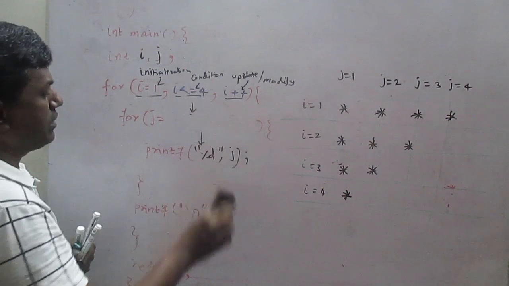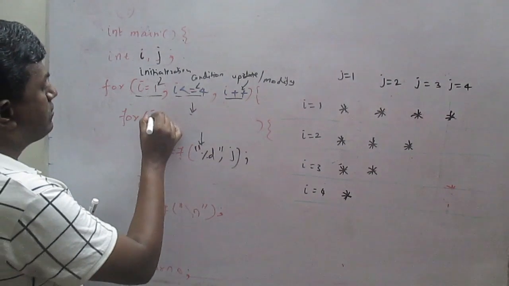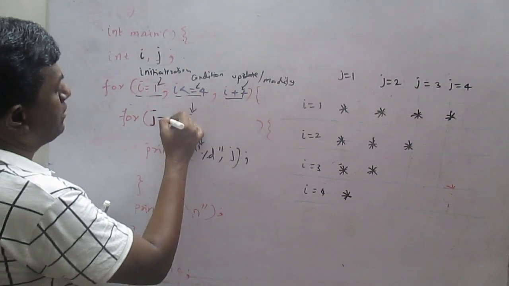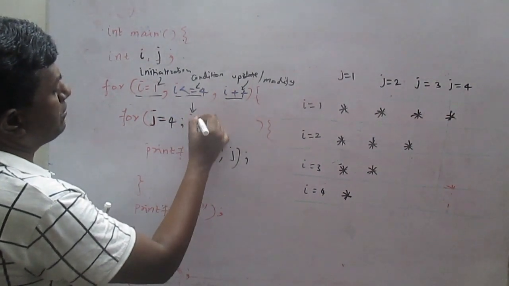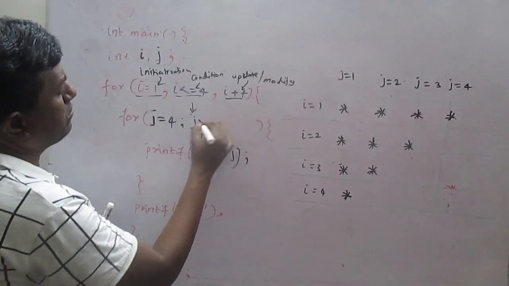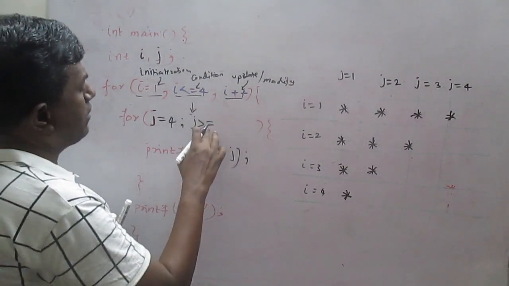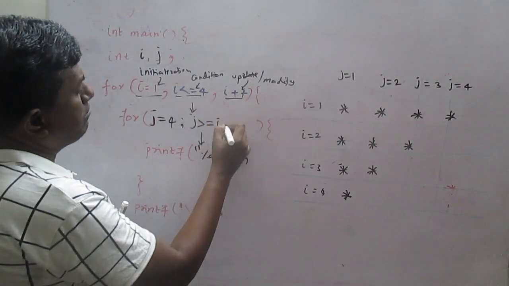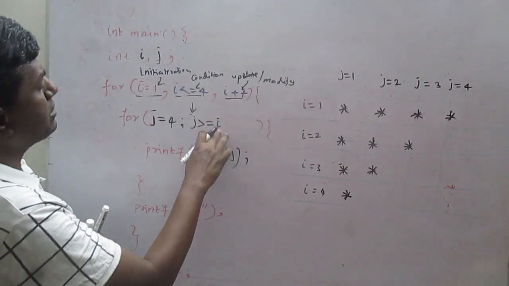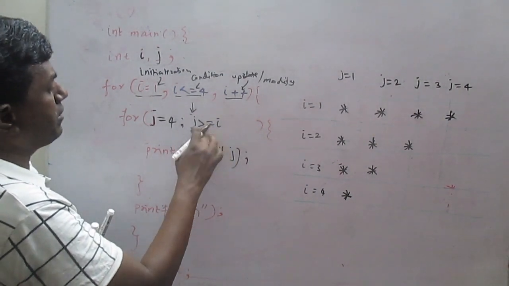We just change its condition: j equal to 4, and instead of less than or equal to, we put greater than or equal to i.